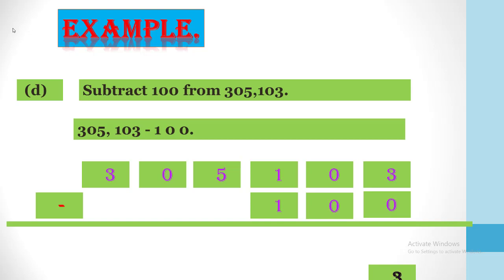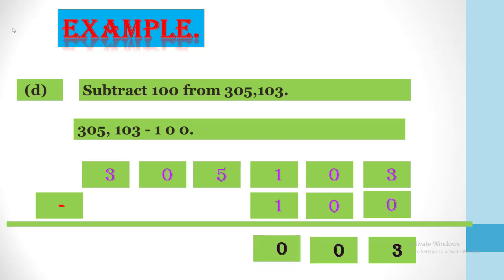It will be 3. 0 minus 0 is equal to 0. See the next column. There is nothing to be subtracted from 5, so we write 5 here. In the next column, nothing to be subtracted from 0, so it will be 0.